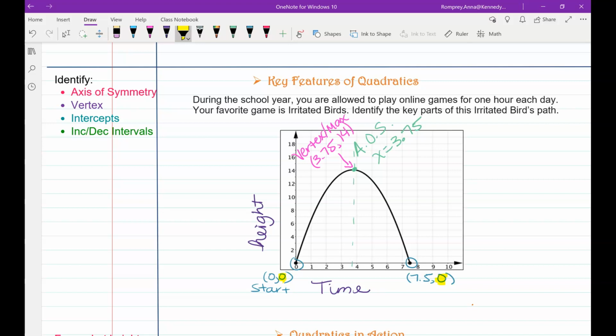Now let's look at increasing and decreasing intervals. Okay, we've talked about these before. So our increasing interval, so how do we read a graph? Left to right. So first we are increasing. So remember, you read it left to right.